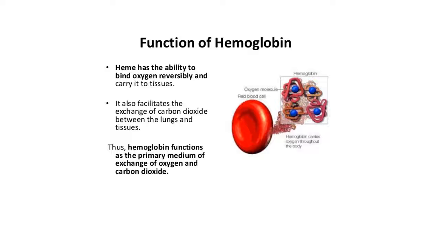And then in the tissues, where cells produce carbon dioxide all the time, and the blood is enriched in oxygen and poor in carbon dioxide, carbon dioxide diffuses back into red blood cells and attaches to hemoglobin, forming what we call carboxyhemoglobin. So that's the function of hemoglobin: medium of exchange of oxygen and carbon dioxide in the body.